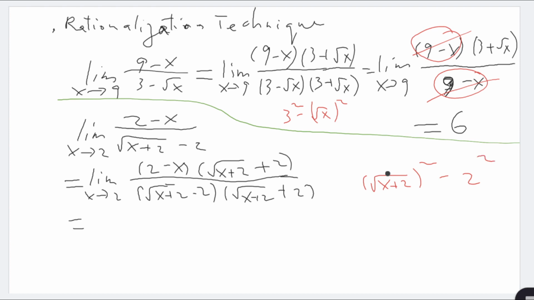Oh, I think I made a mistake. Oh, wait, let me see. Oh, there's nothing wrong. Okay, so anyway, let's continue. So this will become x plus 2 minus 4, x minus 2. So the bottom becomes x minus 2.